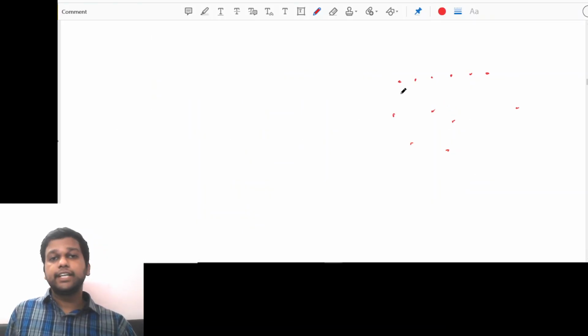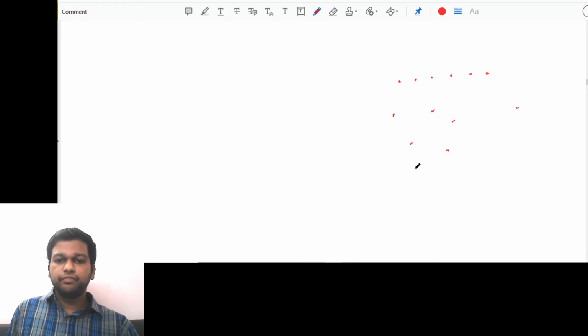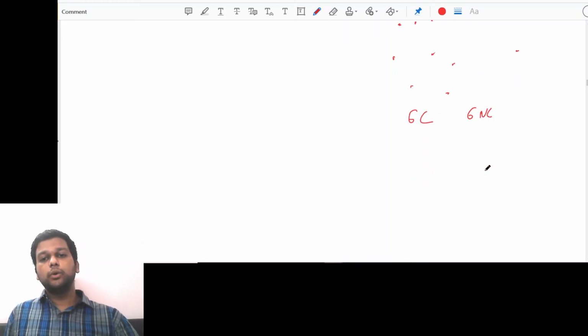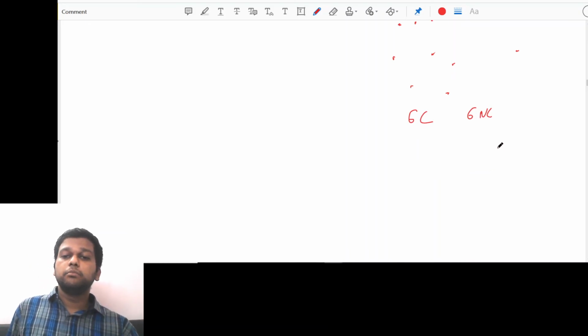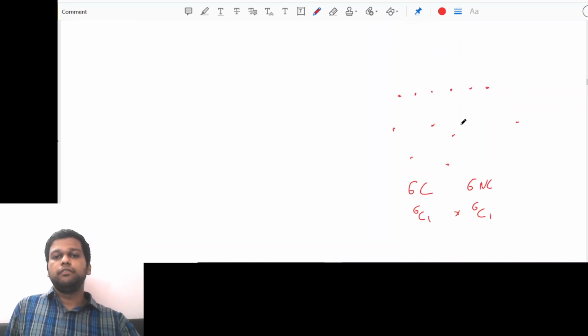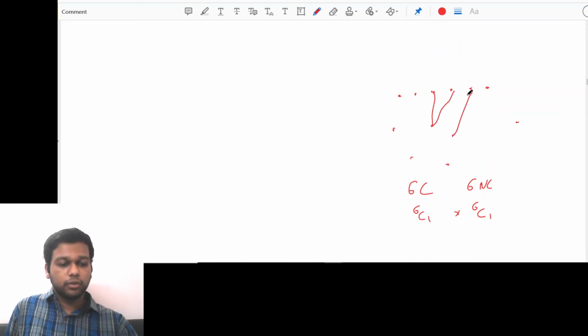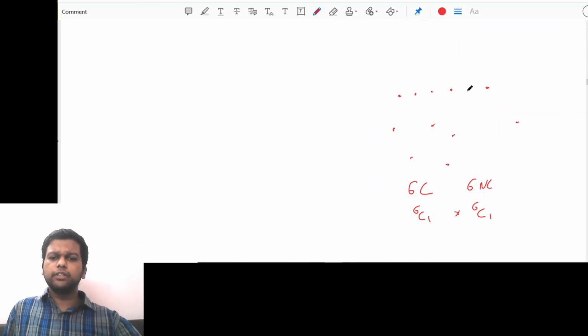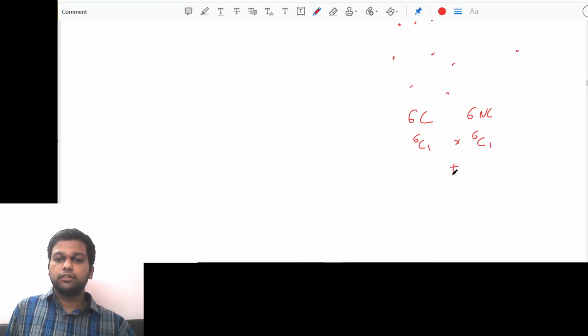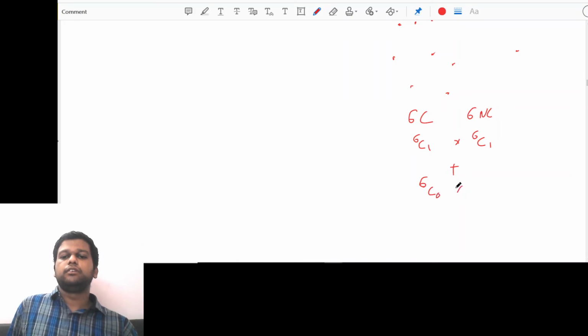Now to form a straight line, we need 2 points. We have 6 collinear, 6 non-collinear. We can form a straight line by taking one non-collinear point and one collinear point, right? We can form a line like this to this, this to this, and so on. So one non-collinear, one collinear, or we will not select any collinear point and will select only two non-collinear points, right?